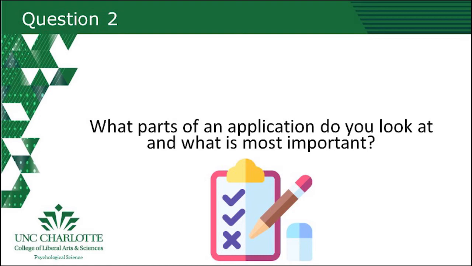I'll jump in first. So I look at the whole application. That's a real thing, and I try to look at every piece of it. But when I'm really looking at a candidate, I am looking for fit. I think everybody's kind of talked about this a little bit, and everyone can chime in about what they see as fit.